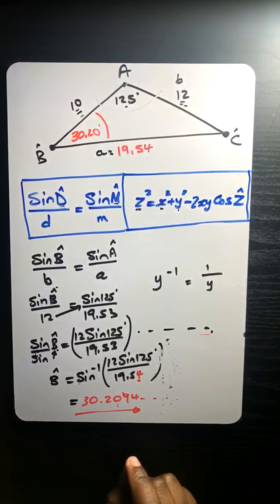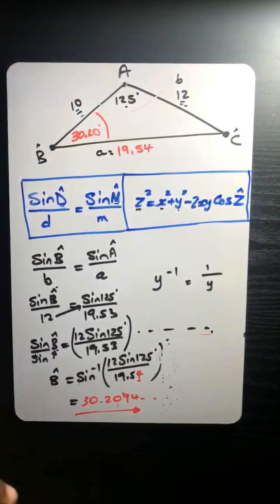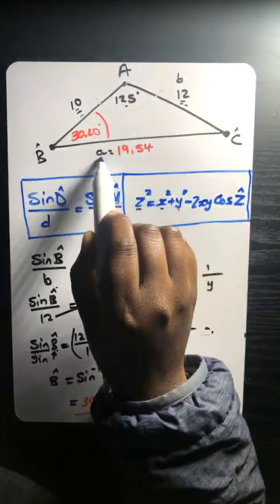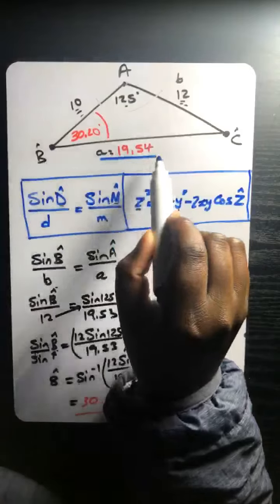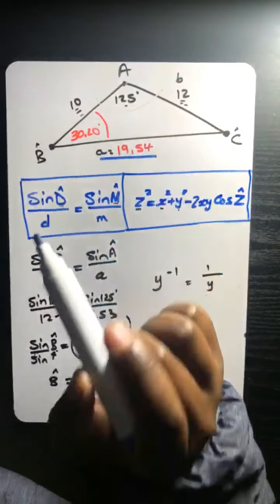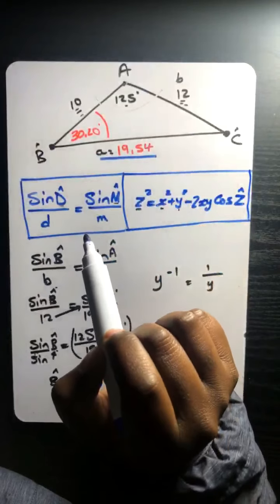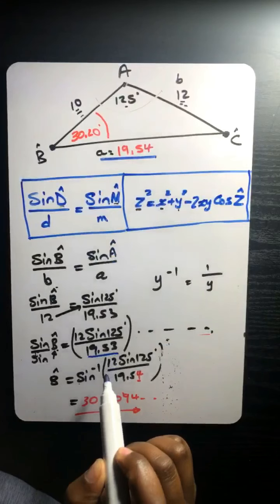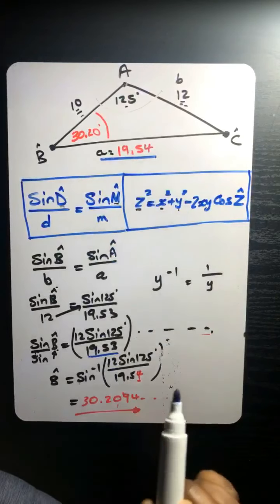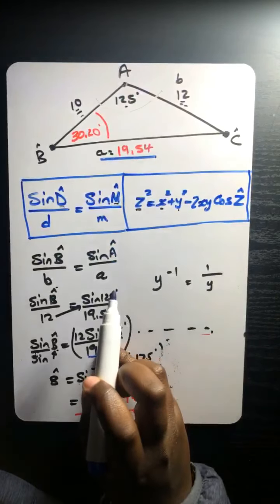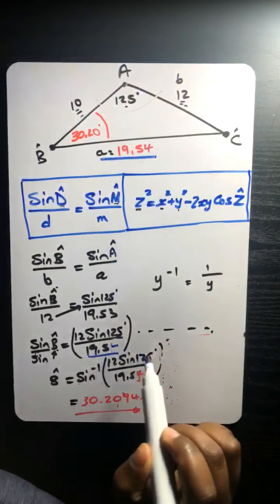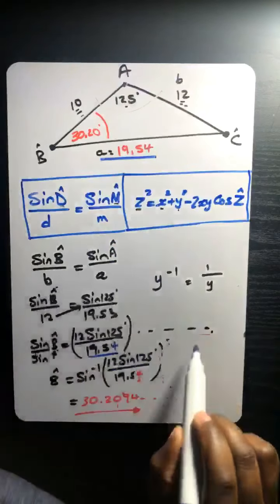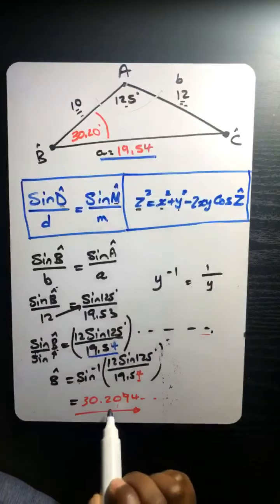Maybe for the sake of time, let's make a conclusion to say, when you calculate your BC side or your A value, just make sure that you only round off the final answer. Then whatever you get, it's what you are going to substitute here. And most importantly, also when you do the second calculation, just make sure that you only round off your final answer.